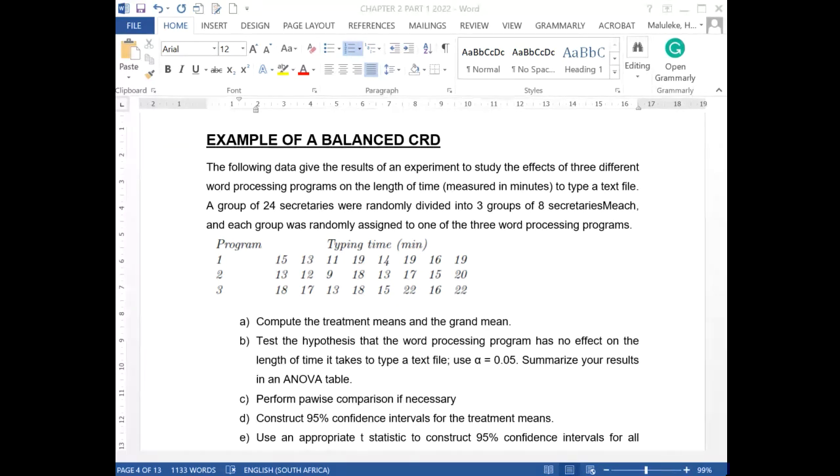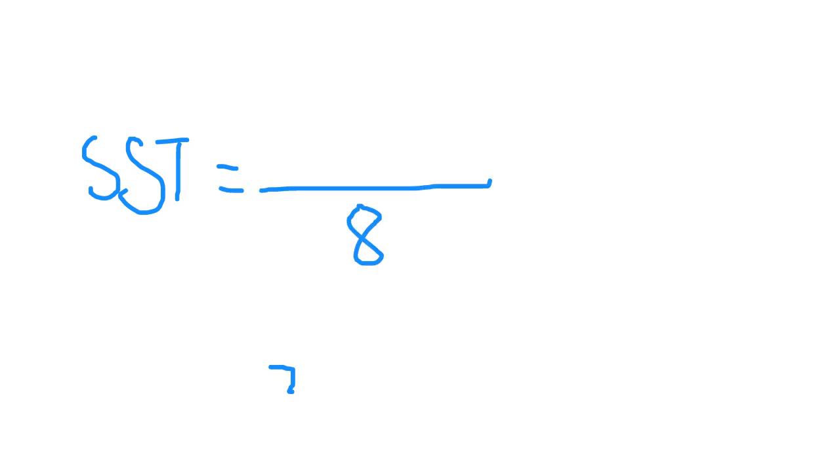I can go to the whiteboard if you want. SST is given by dividing by 8: 126 squared plus 117 squared, follow the formula, plus 141 squared.